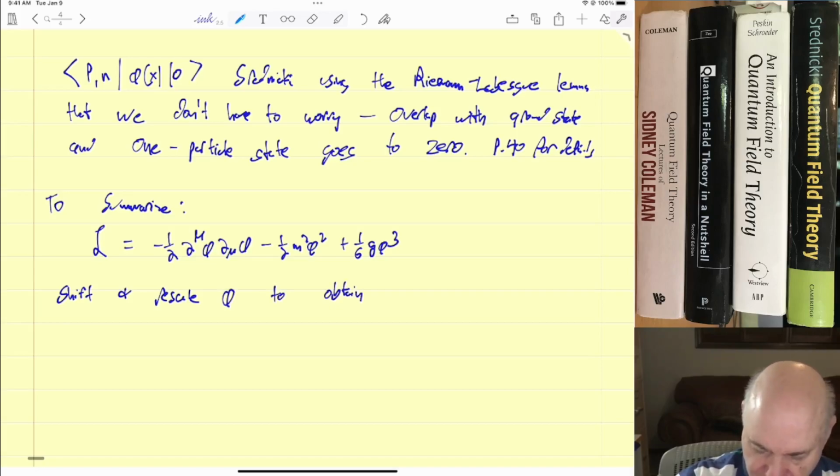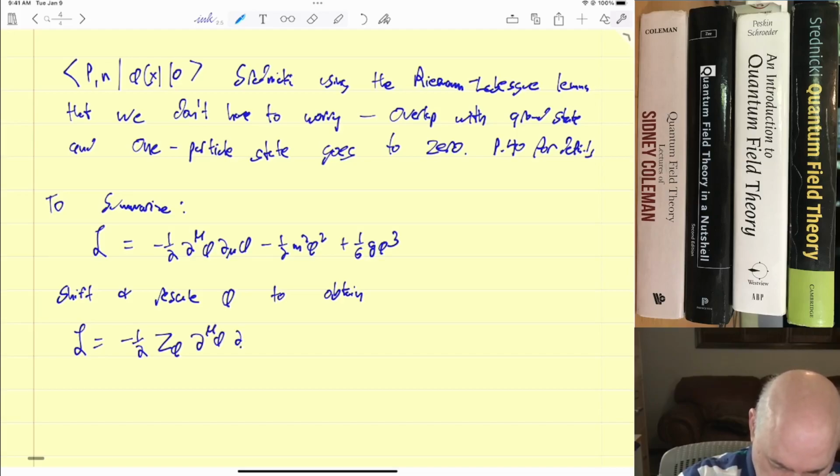You can see when you shift the constants and everything, with the phi squared and the phi cubed, that you're going to get something like this: 1/2 z phi, where z phi is just a constant. See, the shift doesn't do anything with the partial derivatives because the derivative of a constant is 0.